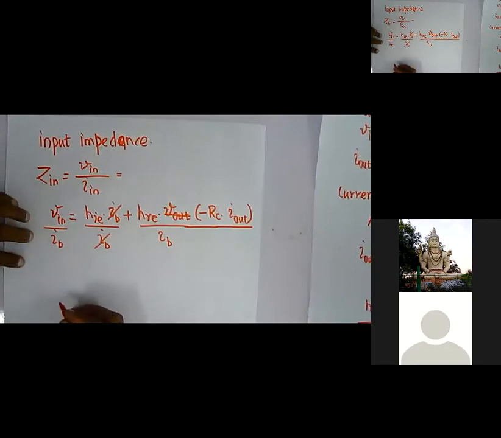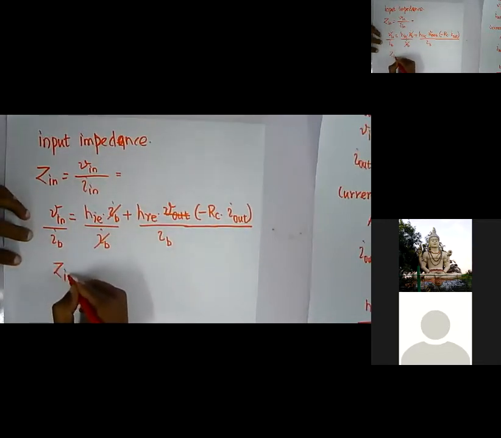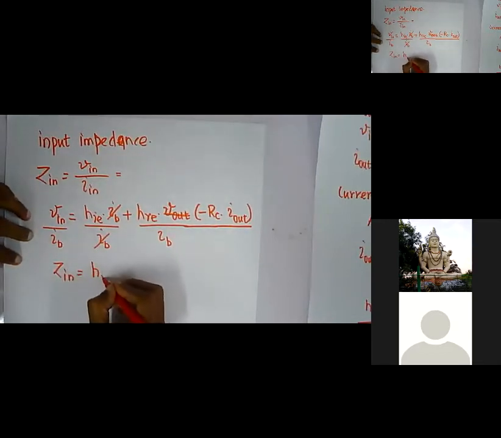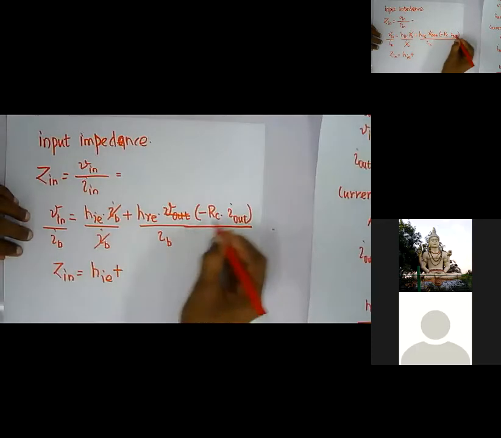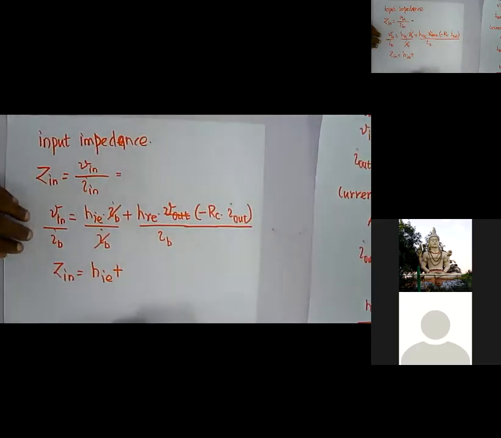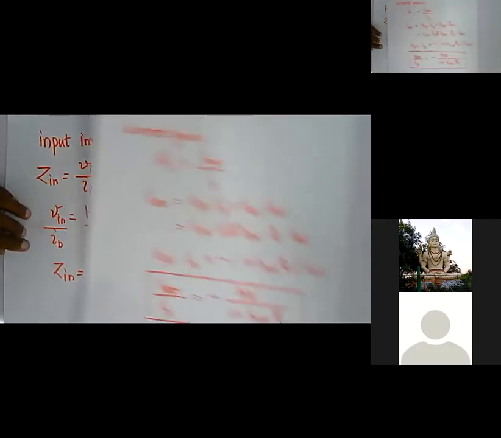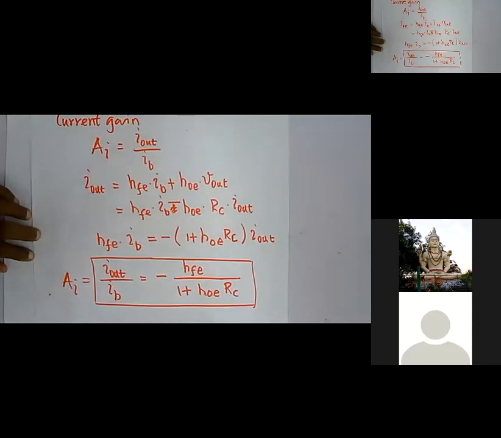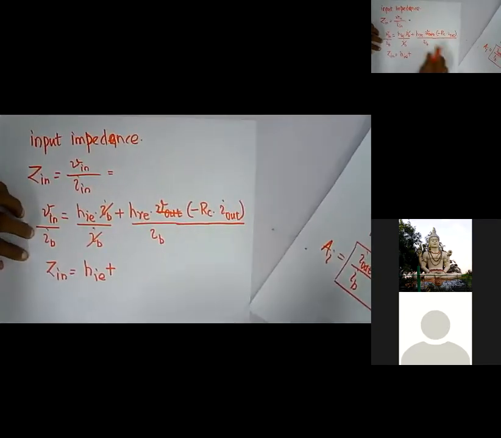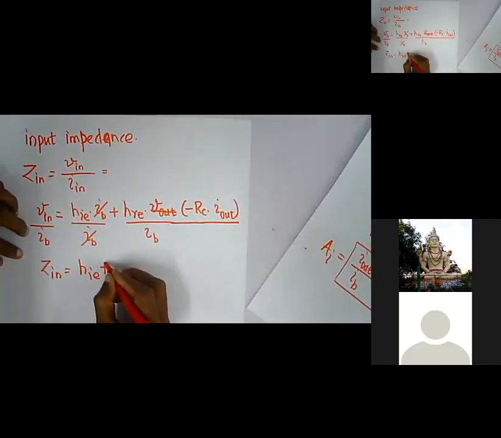V in over IB becomes Z in, equals HIE plus, what is I out over IB? Your current gain, AI. So I can write it as HIE.